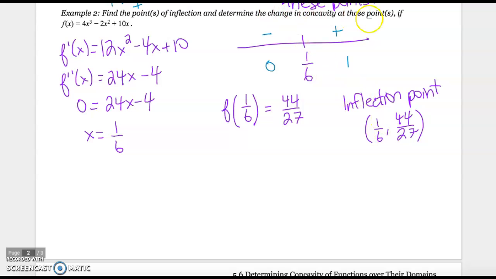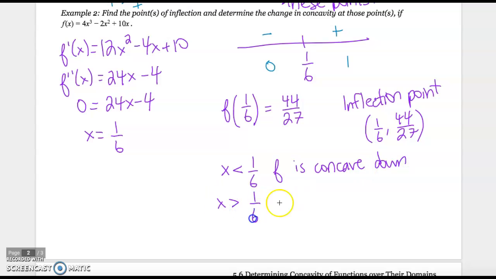And then if I'm talking about my change in concavity, we would say that for all x values less than 1/6, my original function is concave down. And then for x greater than 1/6, my original function is concave up. So at this point of inflection, my original function changes from concave down to concave up.